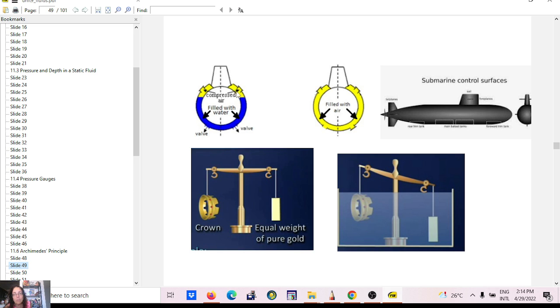And you can have compressed air. So here you have a lot of water, you increase the density, so you can go down. When you want to go up, the air is going to push the water out. So the water is out, you have air, the density goes down, so you can go up.